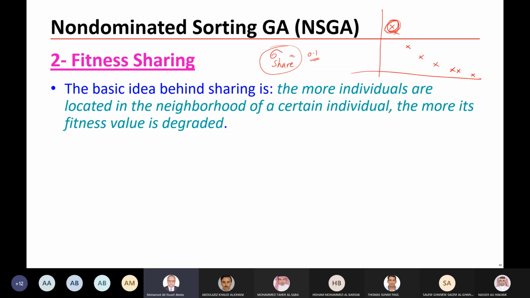So any solution within this circle is in the neighborhood. Outside, for example, none is in the neighborhood.